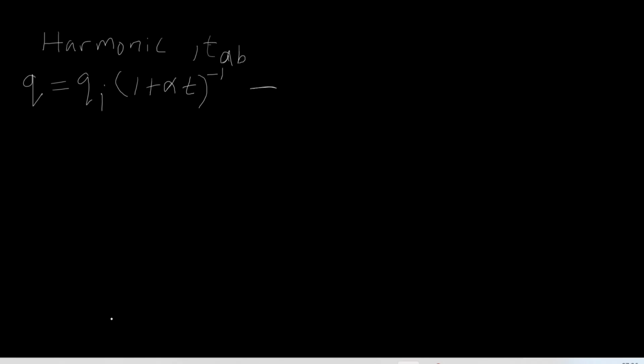Okay, dividing both sides by qi, we have that q over qi is equal to 1 plus alpha t raised to power minus 1.